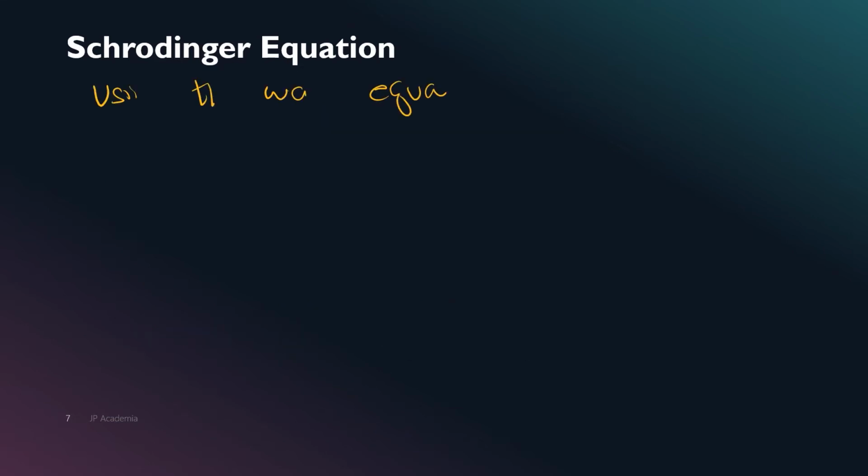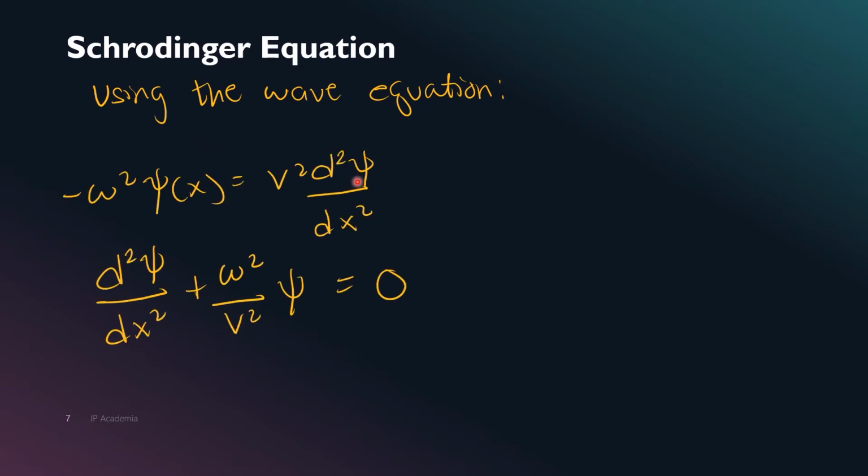Using the wave equation that we have shown previously, we will be able to get this equation after the substitution. Then rewriting the equation, we have this differential equation. We can re-express the angular frequency omega, and we can rewrite omega over v as 2 pi over lambda, the wavelength.